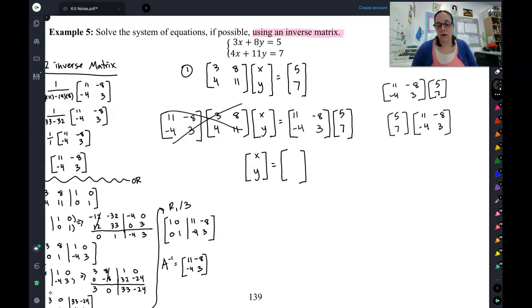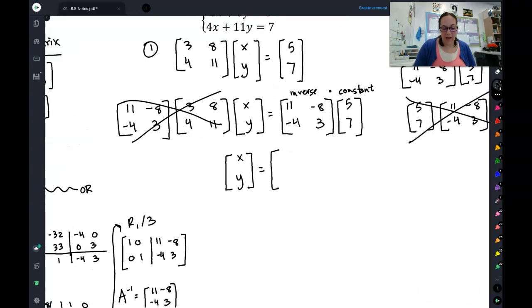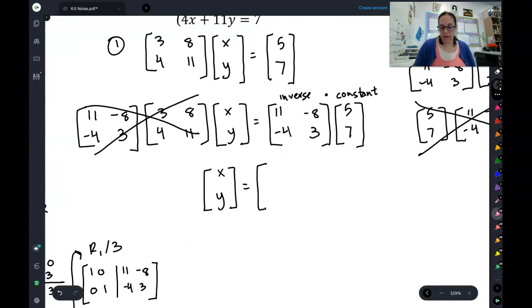So it is very important to note that this is not the way to do it. We put the inverse matrix in front here, so we need to put the inverse matrix in front here. They have to go in that same order. So you always do inverse matrix times constant matrix, always. So now that we've cleared that up, let's do some matrix multiplication.